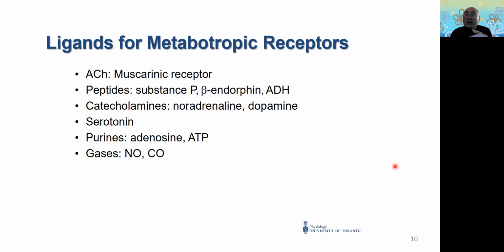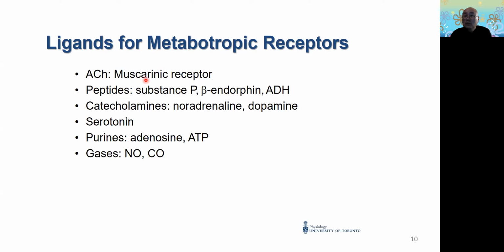So just as we looked at for ionotropic receptors, we have a number of different ligands for metabotropic receptors, the same ones if you go back and compare. So here's the really confusing part, but I'm hoping it's not going to be confusing for you in this class this year. So acetylcholine, remember for ionotropic receptors, it was the nicotinic acetylcholine receptor.